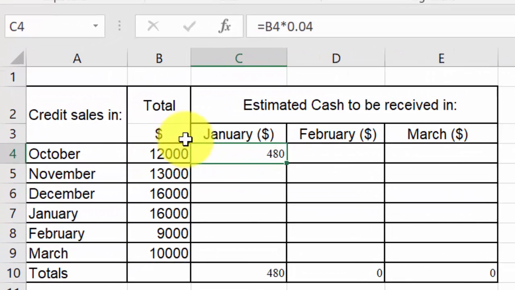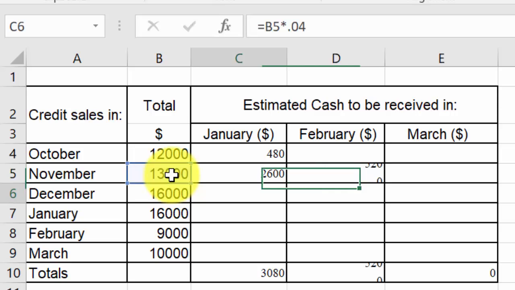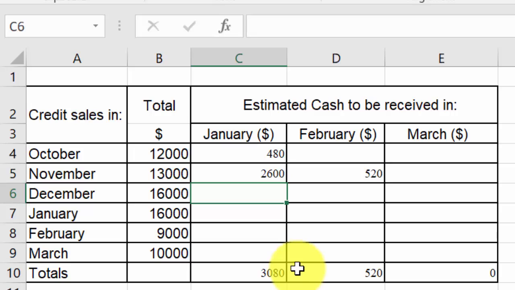Okay, so 480, that's 4% of that. In November, 2 months on from November is January, and that is 20%, if I remember rightly. Yes, it is 20%. So it's equal to this figure multiplied by 20%. There it is. And in February, we're going to get only 4%. There you are. And you can see I've got my totals already sorted, so it's automatically coming in as I go through.